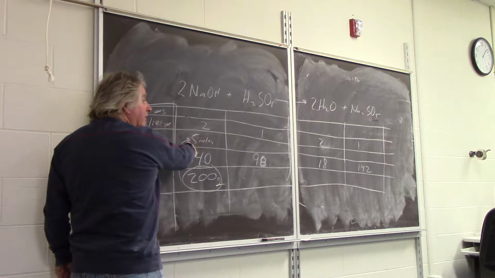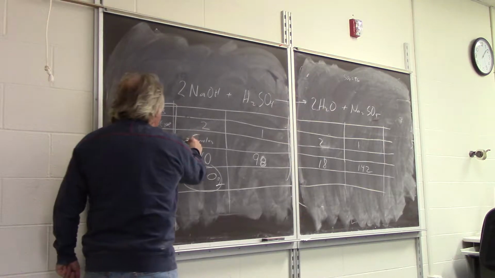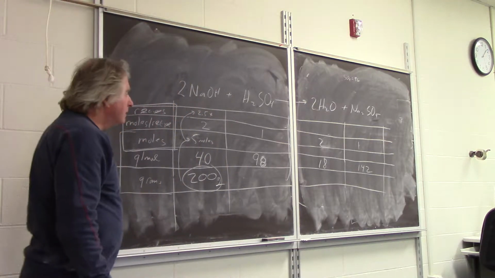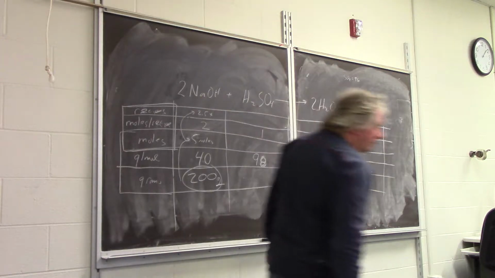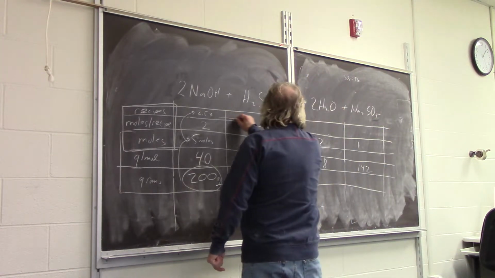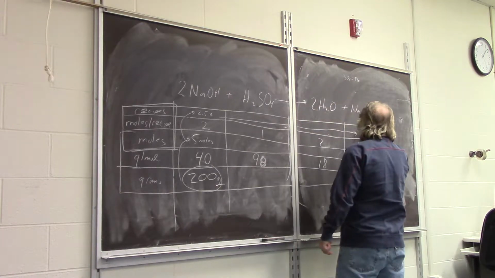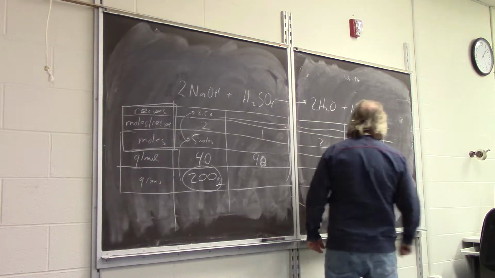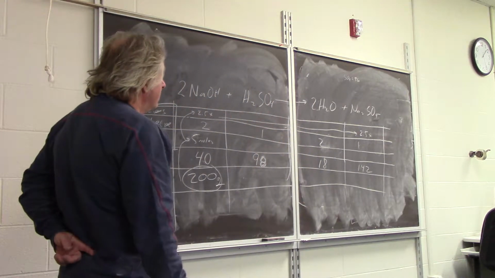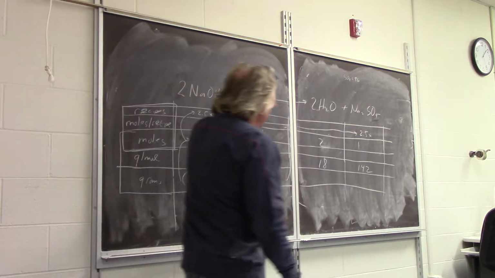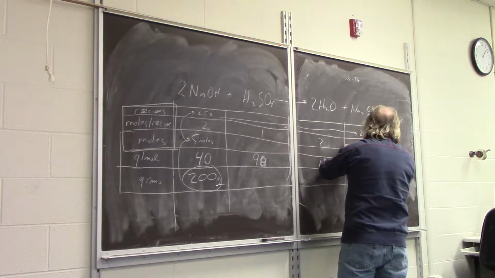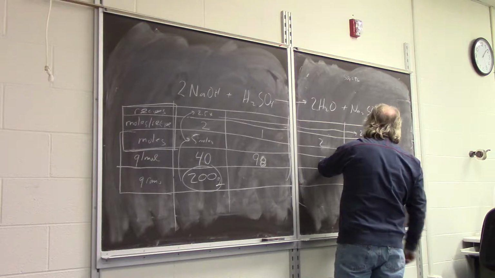I can take 5, divide it up in groups of 2, and I can do it 2.5 times with 5 moles. Now, what's it asking for? Sodium sulfate. So I'm going to bring that way over here. So I need to do it 2.5 times. Each time I do the reaction, I need 1 mole. I want to do it 2.5 times, so I need to have 2.5 moles.